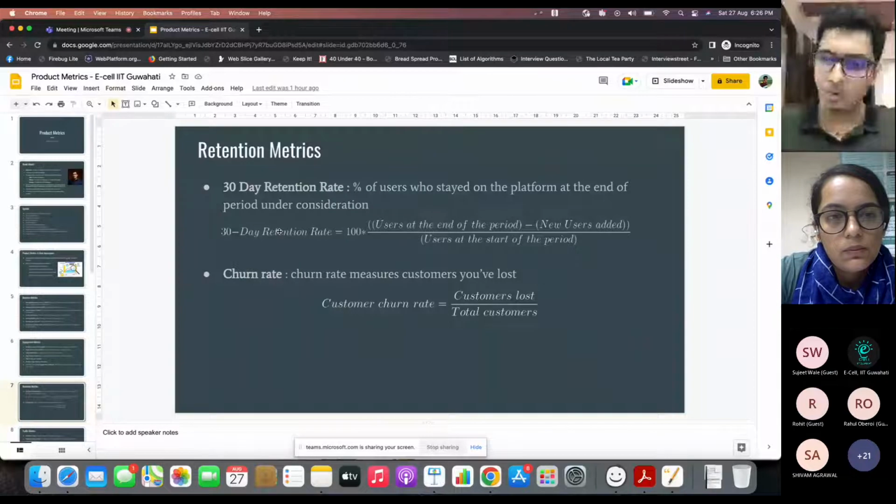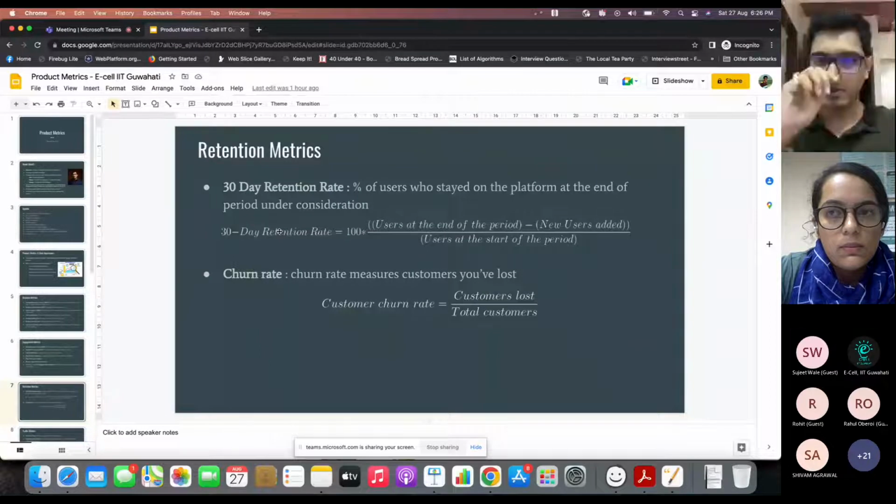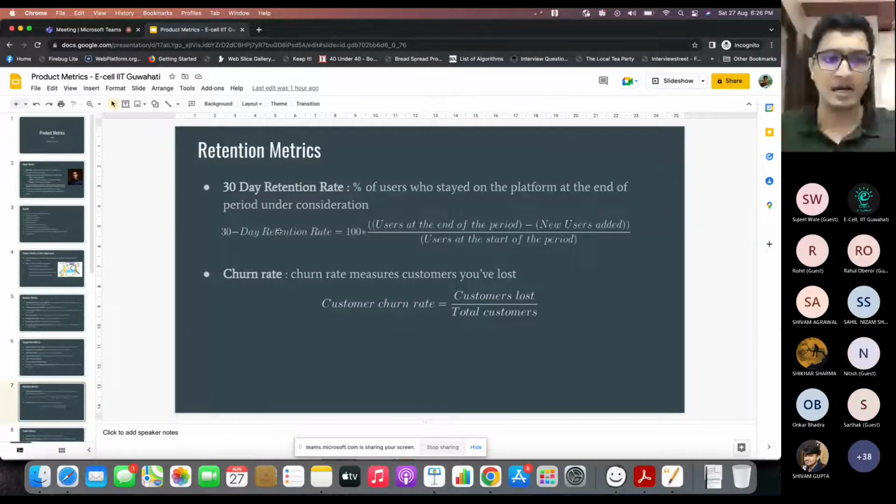So ideally you would want your retention rate to improve like a hyperbolic curve, right? But once a startup scales, your retention rates should at least be flattening. It should not be a falling retention rate over a period of time, but at least a horizontal graph, right? Like a 12% retention rate over a period of time, right?